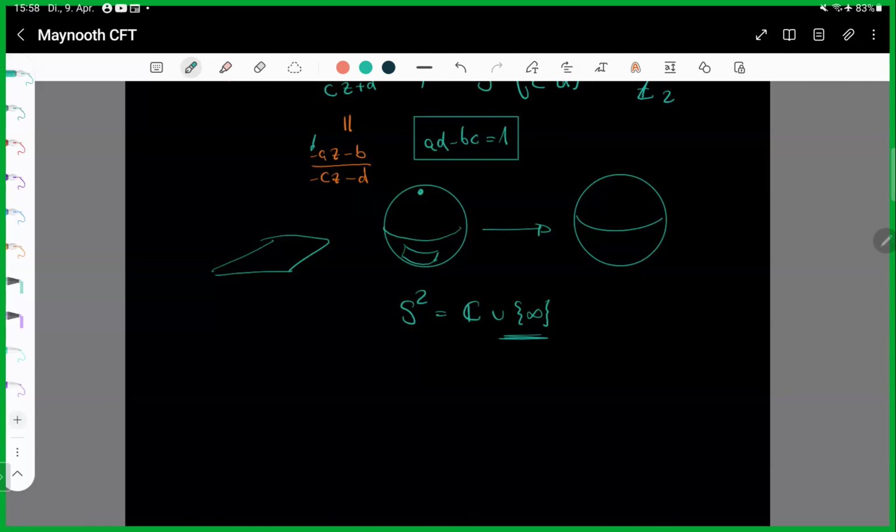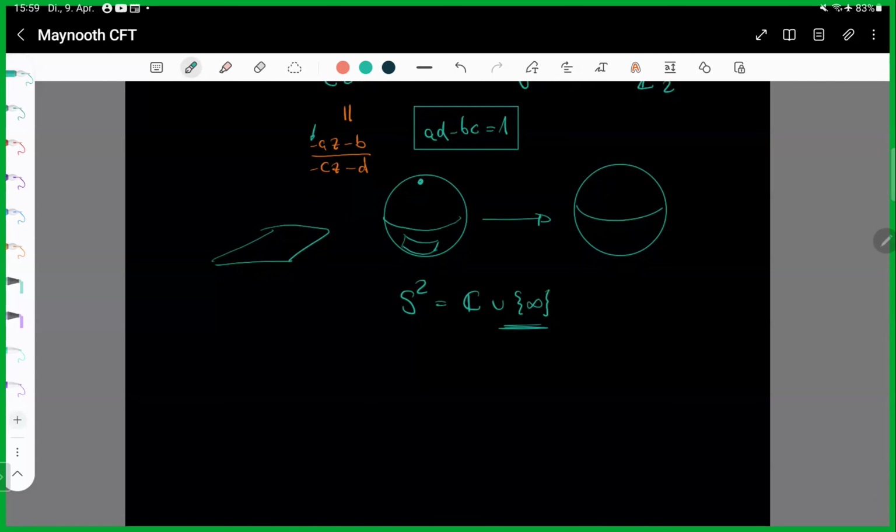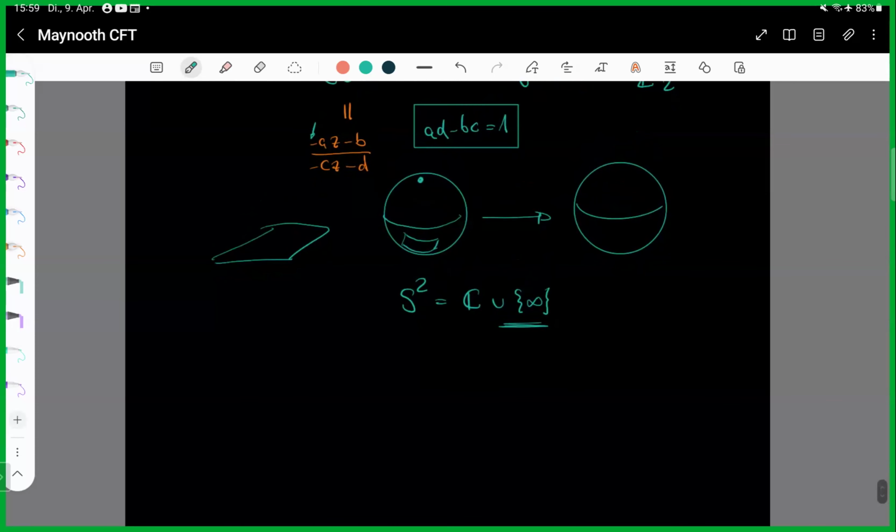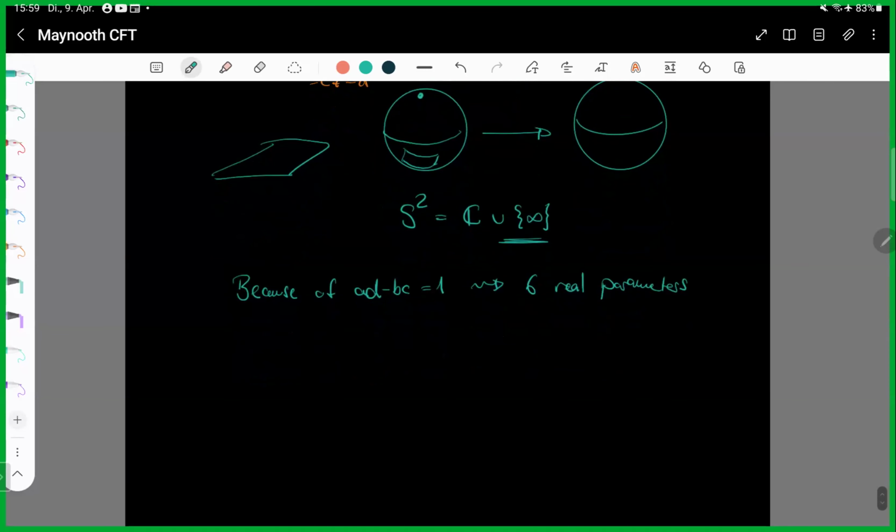So you again have 6 real parameters. Let's make this a comment here. Because of AD minus BC equals 1, 6 real parameters. So that's good. So that's just parameter counting, that we don't do anything wrong.